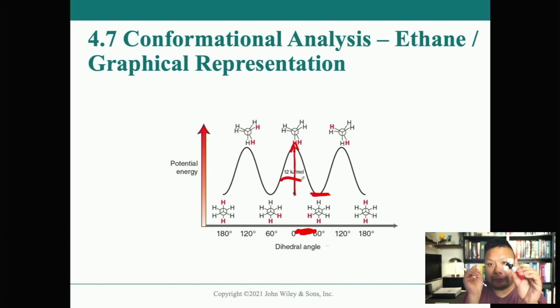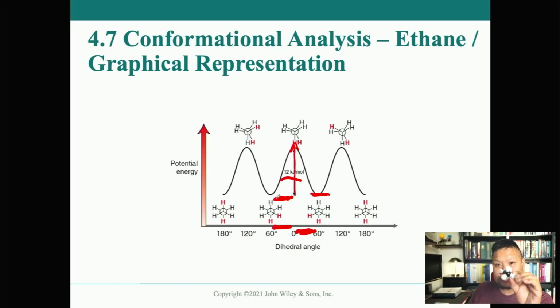So when they're right in front and back of each other like this, they're eclipsed, and that's a 12 kilojoule per mole increase in energy. It doesn't like that. Then we can rotate some more, and we get closer and closer to 60 again, going this way, and we're back down to 60 degrees of dihedral angle.